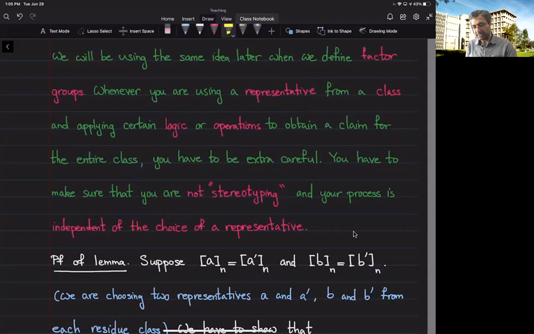So again, the point is that here we are using representatives from this class and applying operations, and we have to be careful that we are not stereotyping, and that our process is indeed independent of the choice of a representative from these classes. Okay, let's go to the proof of the lemma. I think I've emphasized enough the importance and the subtlety in the statement. Let's see logically how we can address this subtlety.